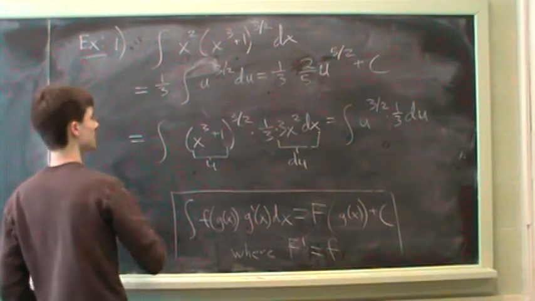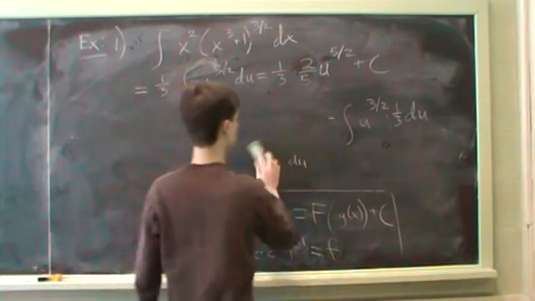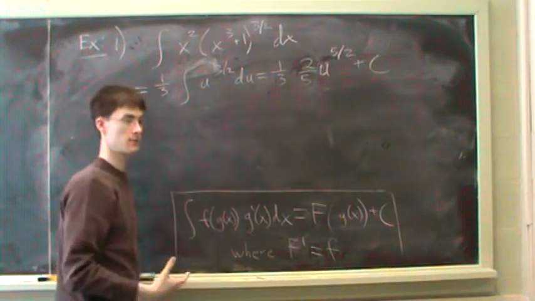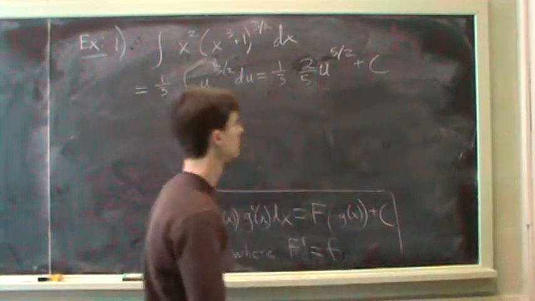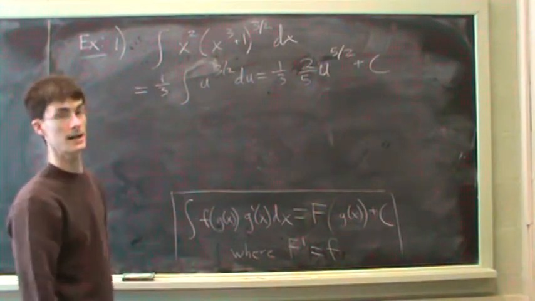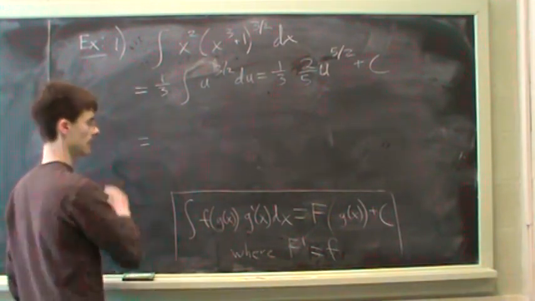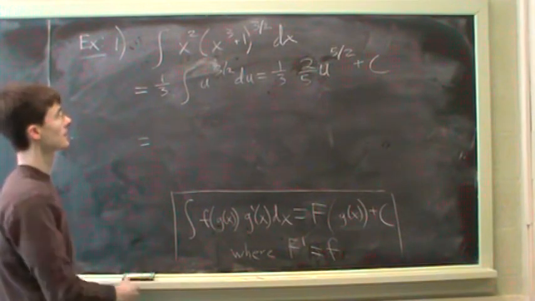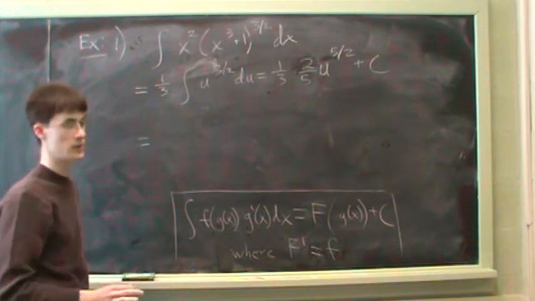And now the last thing I need to do, now that I have this answer as a function of u, is get an answer which is a function of x. But I know what u is.